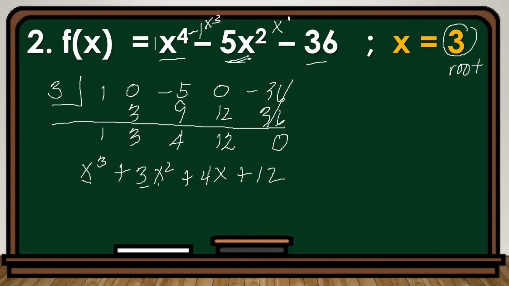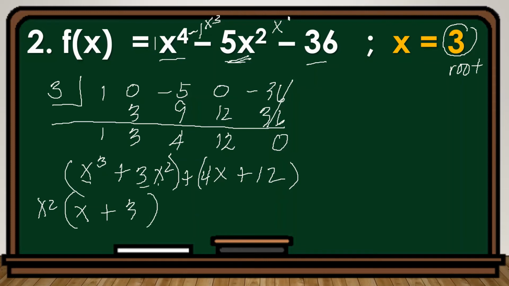So let's try. Let's put parentheses. For x cubed plus 3x squared, the common factor is x squared. So we can bring out x squared. And then what will remain inside? x cubed divided by x squared is x, plus 3x squared divided by x squared is 3.